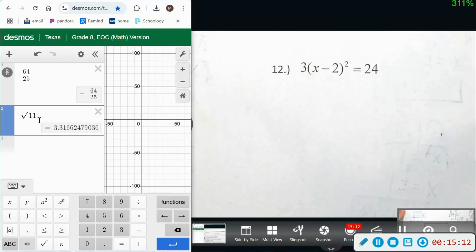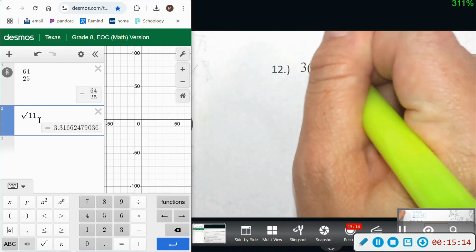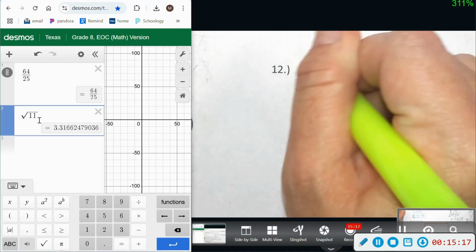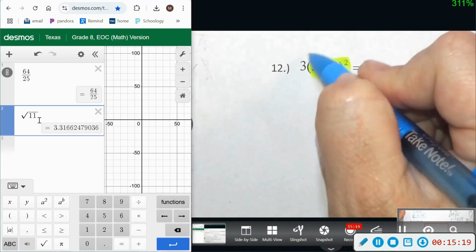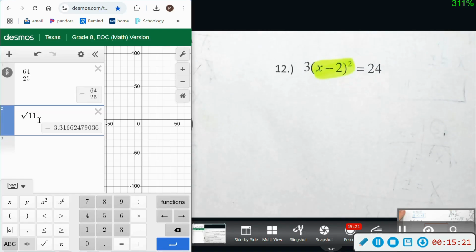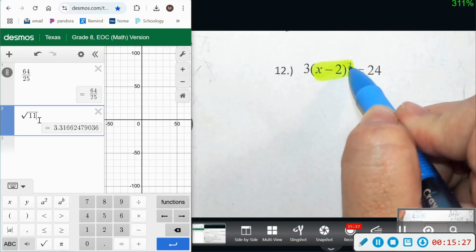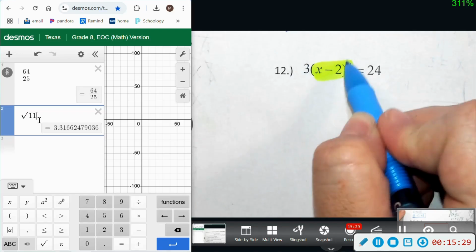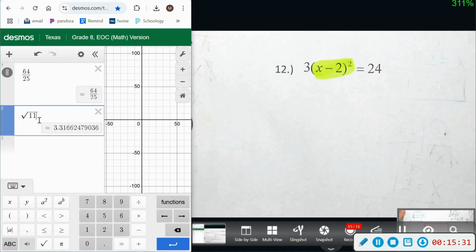Okay, so this is what's squared. Now, you cannot distribute the 3 in because if we do order of operations, what comes first, exponents or multiplication? Exponents. So because I didn't get rid of the exponent, you cannot multiply the 3 inside. Does that make sense? So how else can I get rid of the 3?